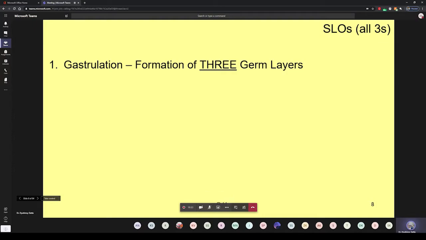Now, the process of formation of three germ layers. Simple. That is the simplest explanation. There are many explanations found in the textbook. Okay, you can all read up and define it better yourself. But to just simply understand what is happening is gastrulation. That is formation of three germ layers.